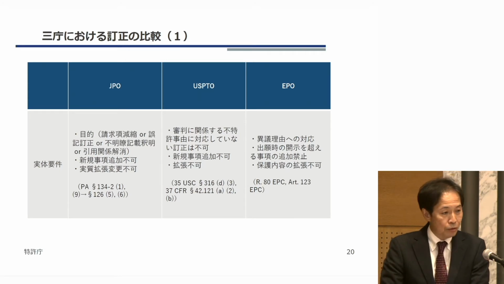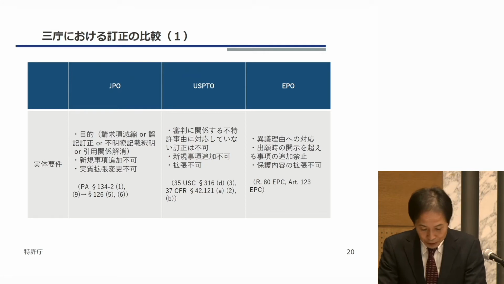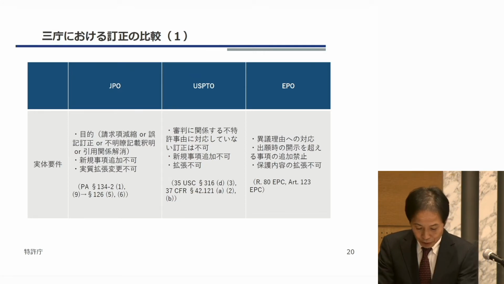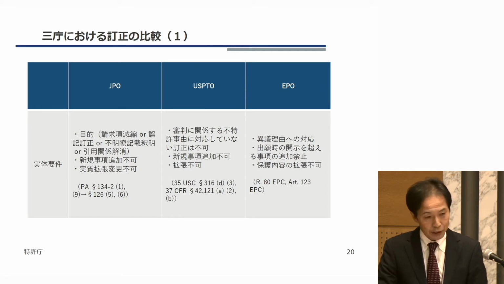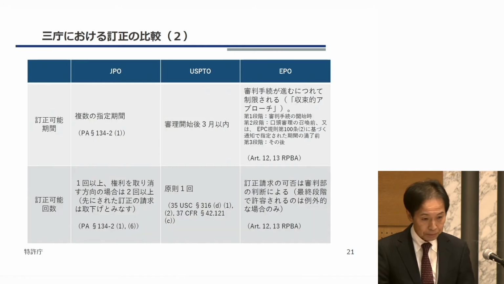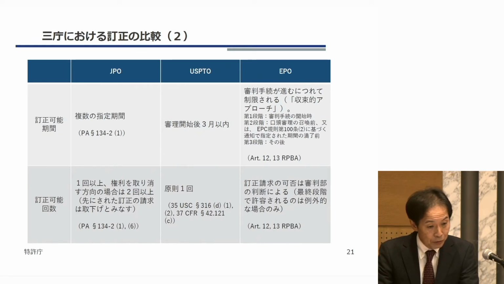So the objective, the purpose of claims is a little wider in Japan compared to the USPTO and EPO, and the objective of the 3 is slightly different. So if we have a look at the period in which corrections are possible, in the case of the JPO, as I said, there are multiple opportunities to issue corrections.